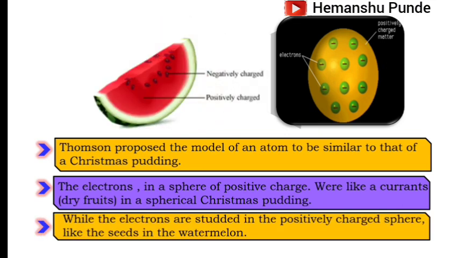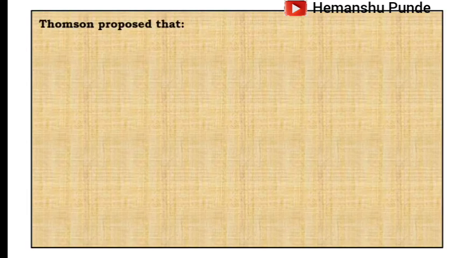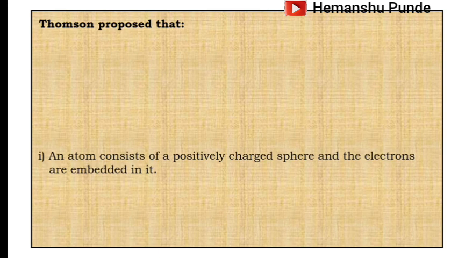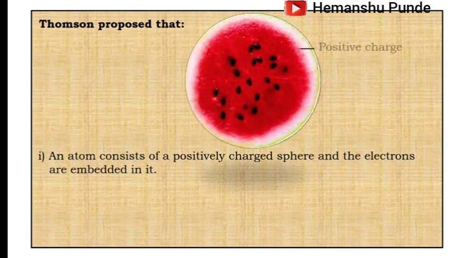The electrons are embedded in the positively charged sphere, like the seeds in a watermelon, negatively charged seeds and positively charged matter, just like this. Thomson proposed that an atom consists of a positively charged sphere and the electrons are embedded in it, just like this watermelon.